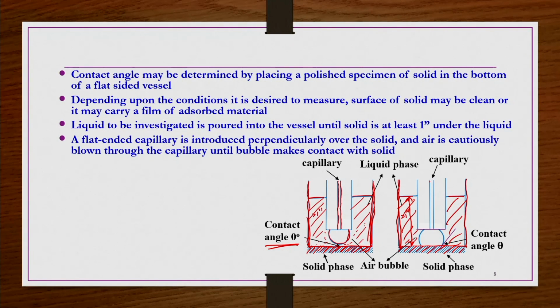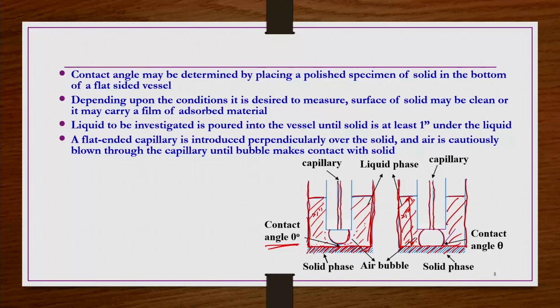Okay. Now, in this one you take a capillary and perpendicularly you place it like this, and then carefully you blow air so that the bubble forms, and you blow air continuously until this bubble reaches the solid surface and makes contact. So, now the bubble is making contact with the solid surface.